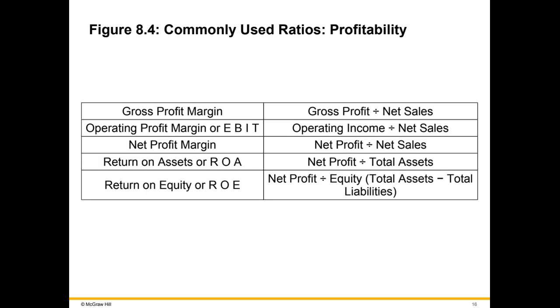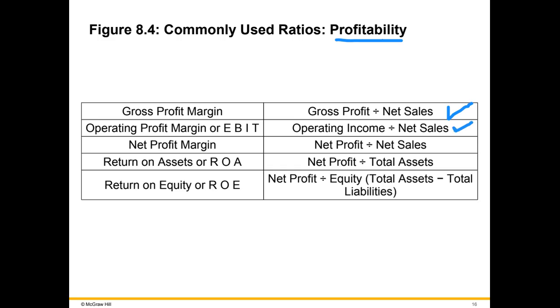So what are the commonly used ratios for profitability? We can look into gross profit margin, which is gross profit divided by net sales. Operating profit margin, or EBIT, which is earnings before interest and taxes, is operating income divided by net sales.